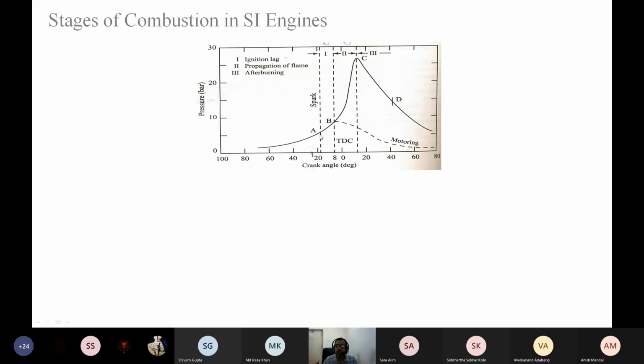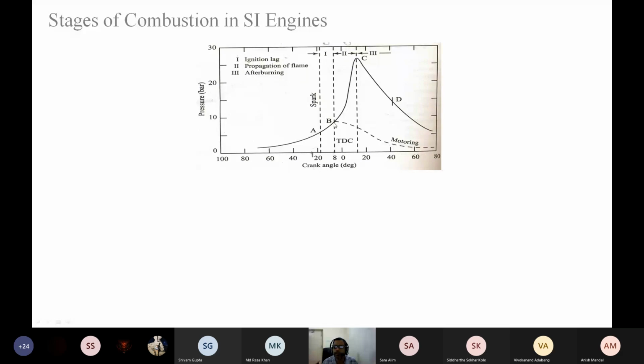Now let's come on. When fuel and air are mixed with each other and compressed inside the combustion chamber, when the piston is at about A, that is 18 degree before top dead center, a spark is created. But there is no difference between the firing pressure curve, that is the thick line, and the motoring pressure curve.